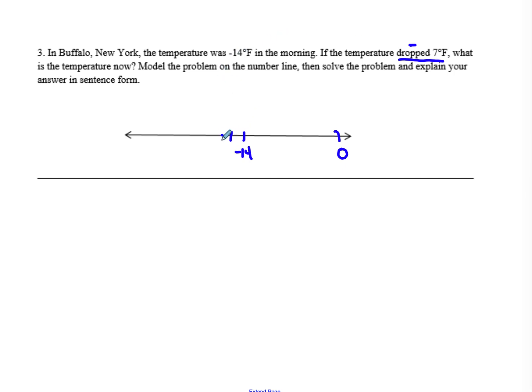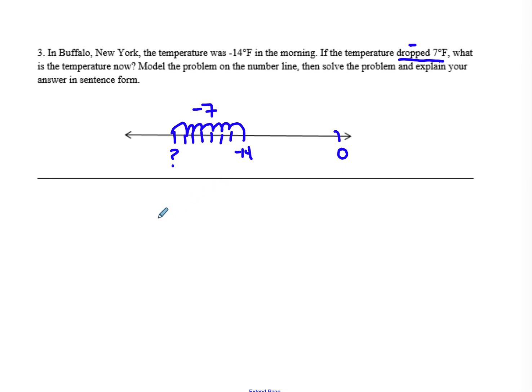All right, so I'm going to do some marks here for my 7 degrees. 1, 2, 3, 4, 5, 6, 7. So I have gone down 7 degrees. All right, I'm going to erase that extra little line there so it's not confusing. There we go. Okay. All right. So we're looking for that end temperature. That's the problem on the number line.